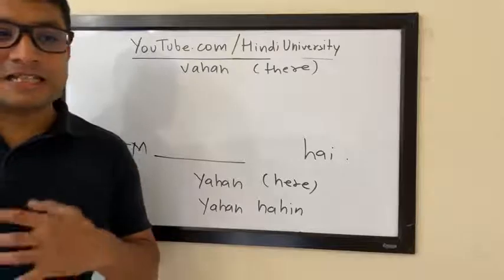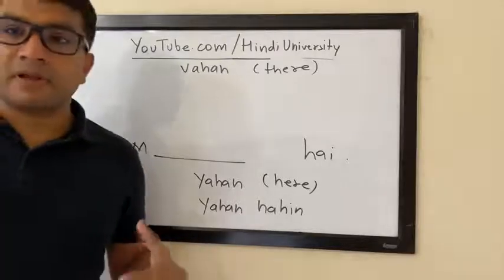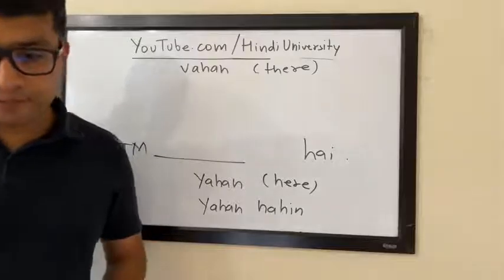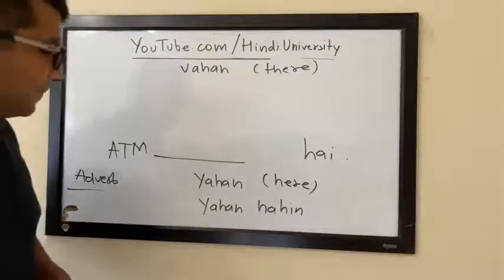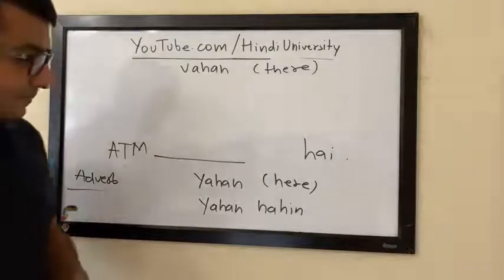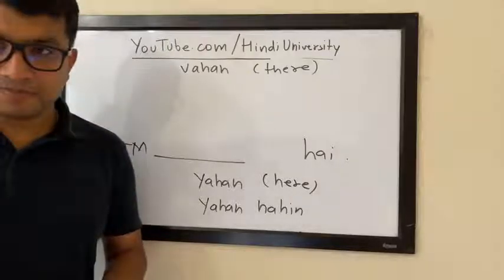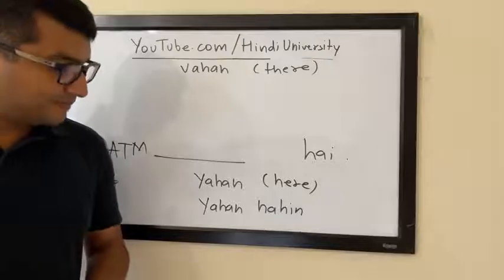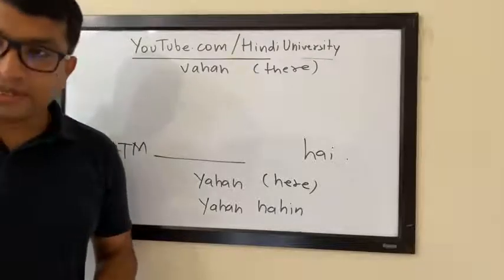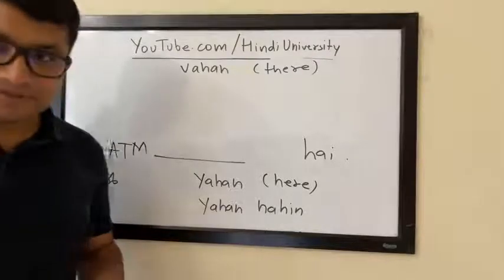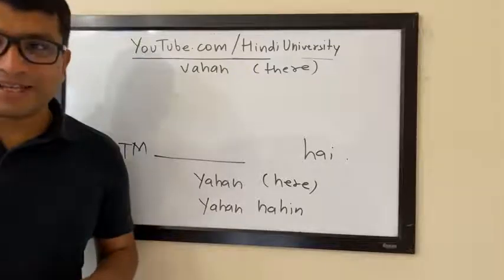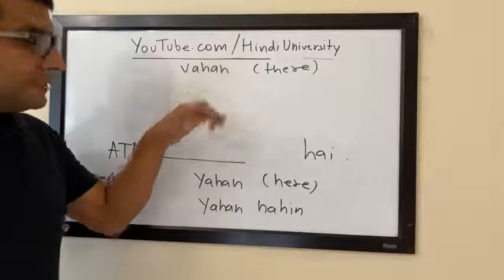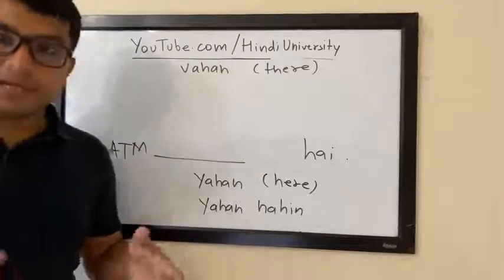Awesome. Let's say you want to say things together. ATM is neither here nor there. ATM यहाँ नहीं है, वहाँ नहीं है. So one is ATM यहाँ नहीं है.